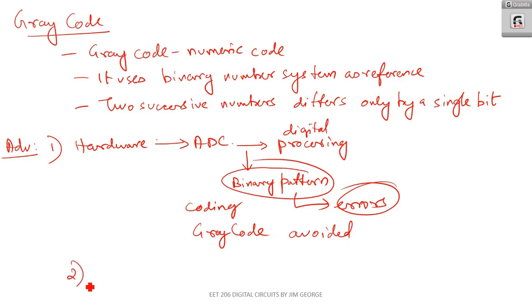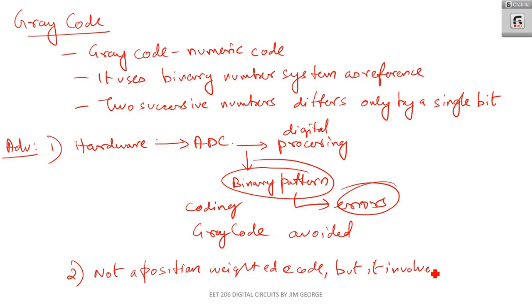Second advantage is it is not a position weighted code. But it involves bit change. That means for successive numbers there is only a difference of 1 bit. Okay.